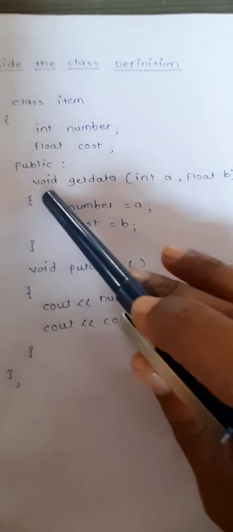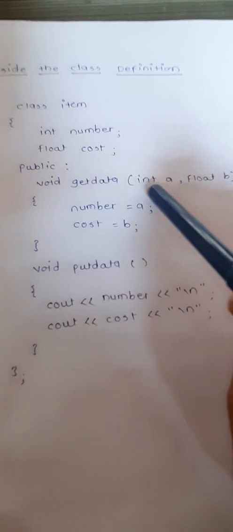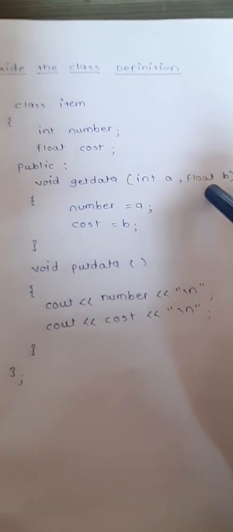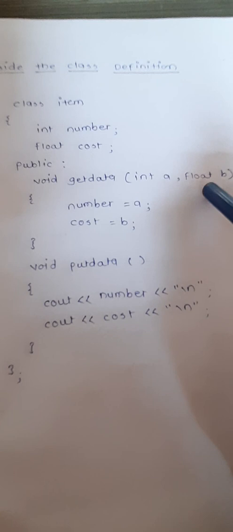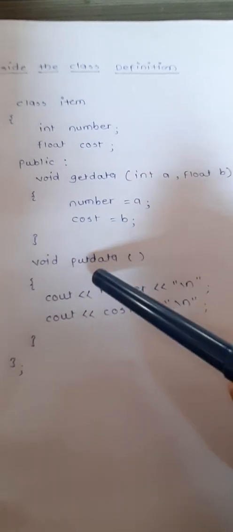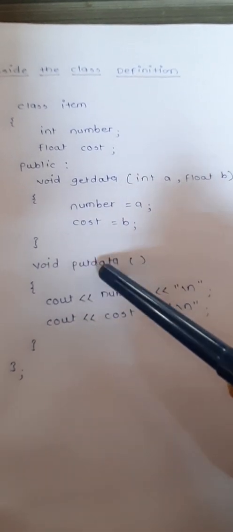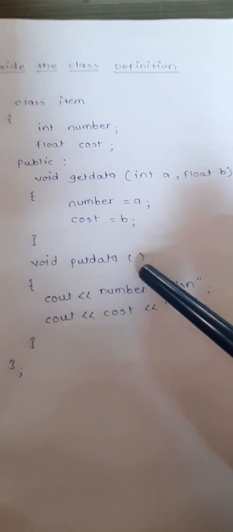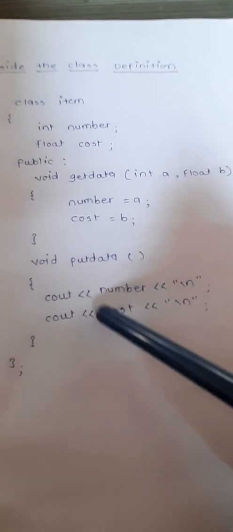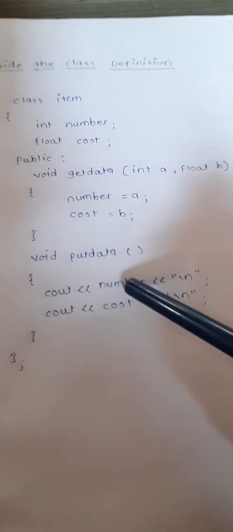So here is the definition of get data. Here we write the return type, function name, and argument list. This line is like a normal function prototype as we saw in the function prototype point. The definition is the same as before. This is the definition for the put data function. Void and put data do not require any arguments, so the bracket is empty. The difference is that here we directly write the definitions inside the class.